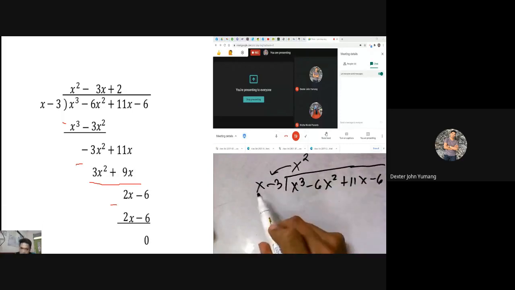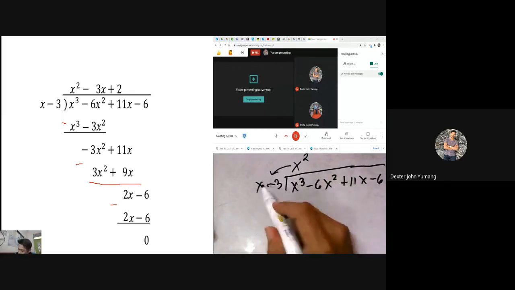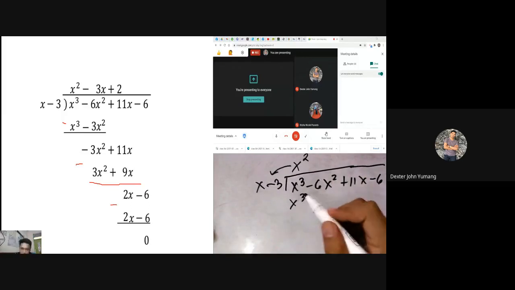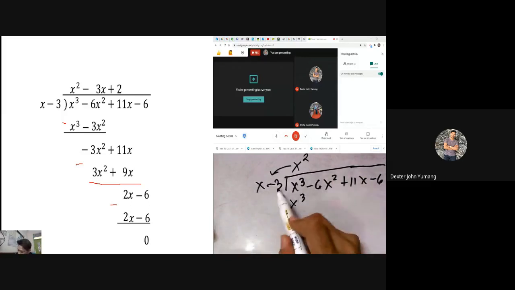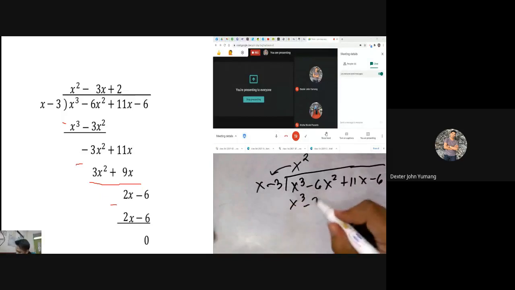Pag mag-multiply ka, i-add lang yung exponent. So x squared times x, invisible 1, magiging x cubed na siya. Tama? Next, dito naman tayo, 3 times x. Since wala siyang variable naman dito, kopyahin lang natin. So we have negative 3x squared. Saan to galing ang negative 3x squared? Ito ang negative 3, ito ang x squared. Kopya lang.